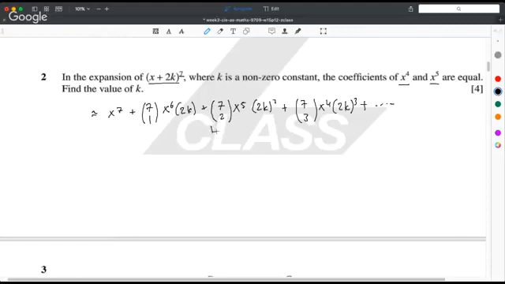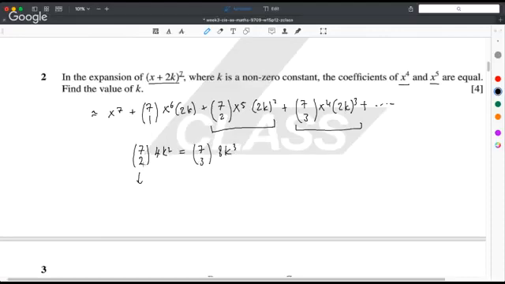So they're telling you that the coefficient of these terms are the same. That means whatever's in front of the x bit. So we know that 7 choose 2 times 4k squared is equal to 7 choose 3 times 8k cubed.